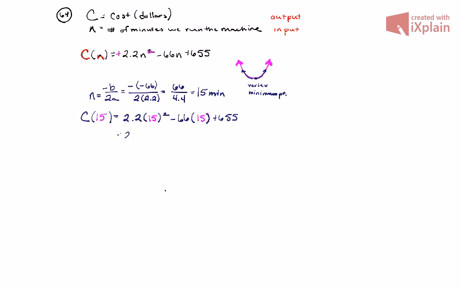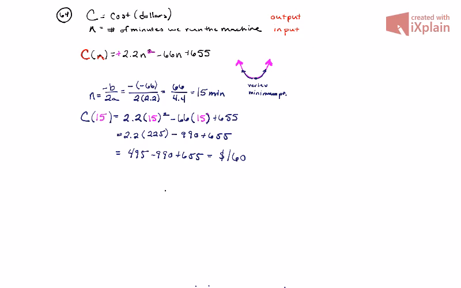So here we have 2.2 times 15 squared, which is 225, minus 66 times 15, which gives us 990, plus 655. 2.2 times 225 is going to give us 495, minus 990, plus 655. And this comes out to $160.